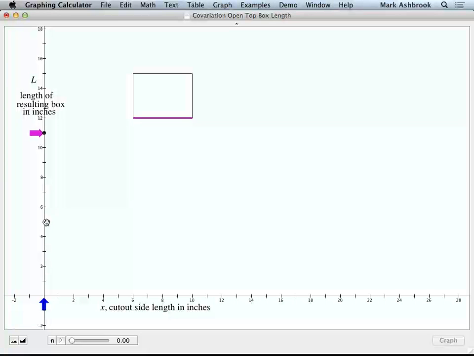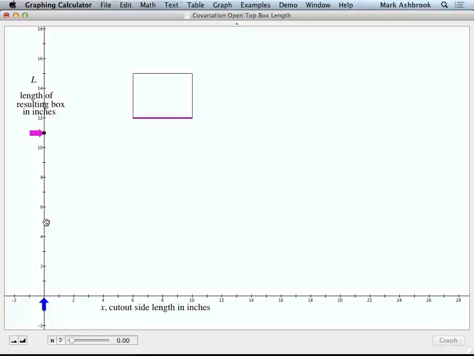Okay, so now I'm going to increase the cutout length by, I don't know, how about 0.5? I'm going to increase the cutout length by 0.5. Tell me what's going to happen to the length of the resulting box. Julia.